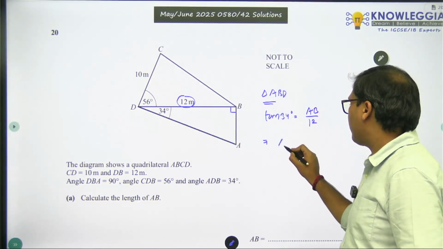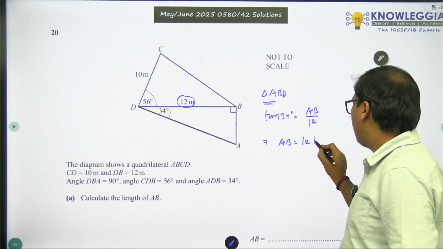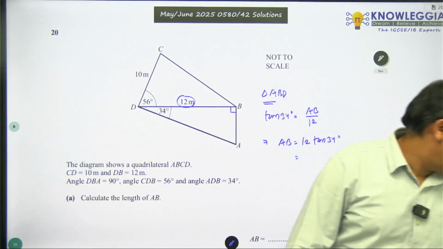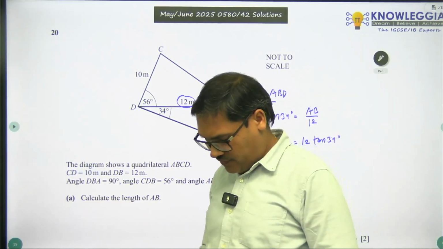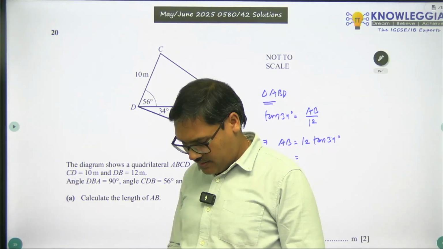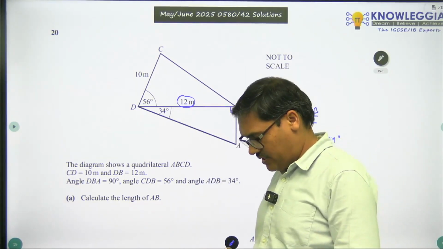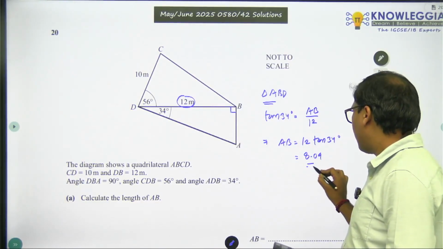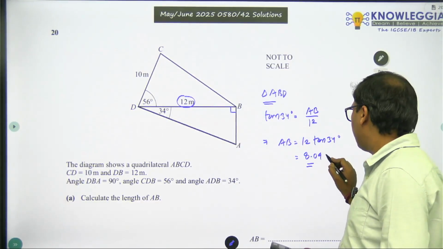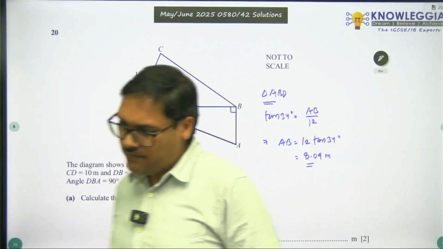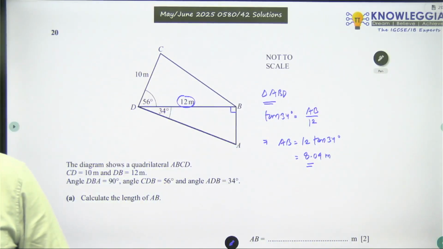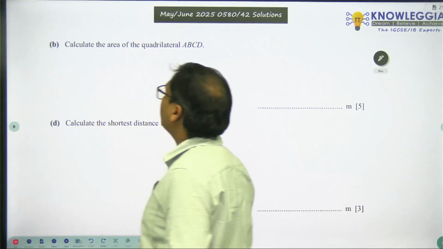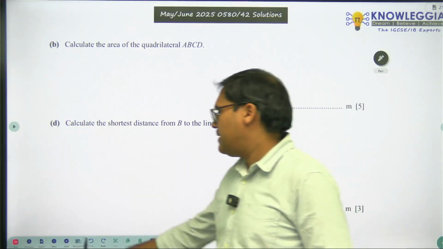So AB is equal to 12 into tan 34 degree, which you can calculate using the calculator, and you will find this is 12 multiplied by tan 34 degree, which is equal to 8.09 meters. Okay. So this is the first part. So let's check the answer also. This is 8.09, right?